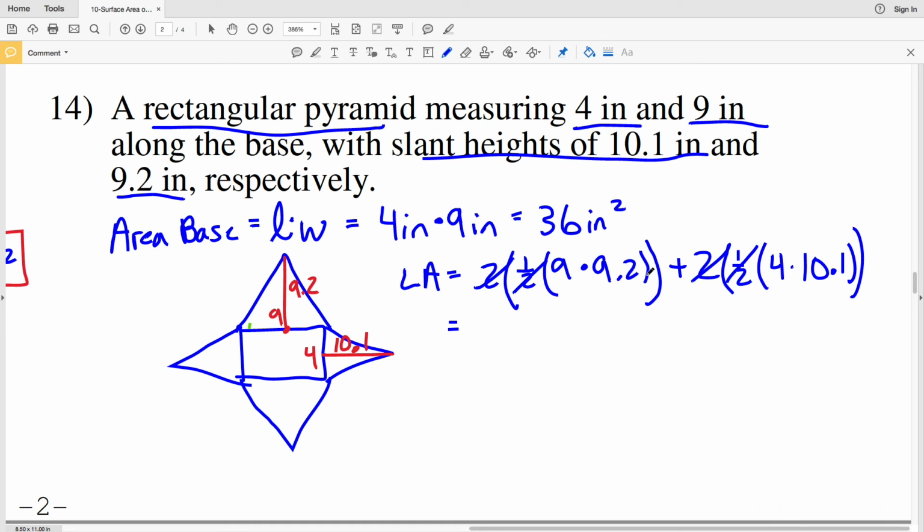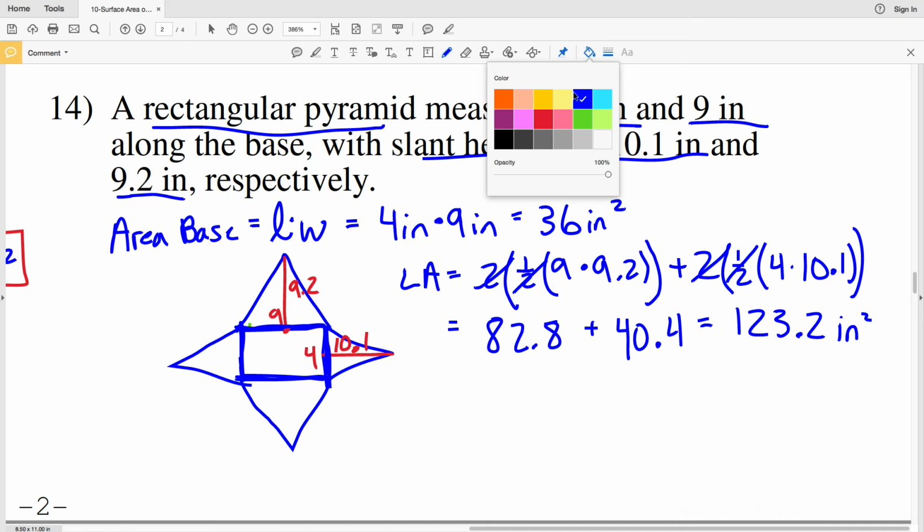So we're going to take 9 and multiply that by 9.2 and get 82.8 as the area of the two triangles that have a base of 9 inches. And we're going to add that to 4 times 10.1, the area of both of the triangles with a base of 4 inches. That's 40.4. And when we add 82.8 to 40.4, we get 123.2, and that's going to be inches squared for the lateral area.